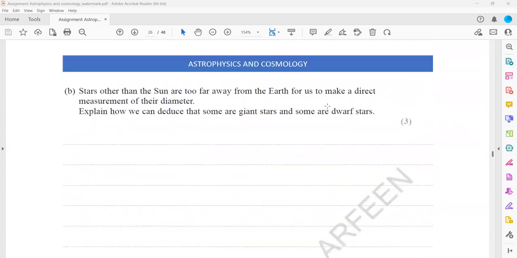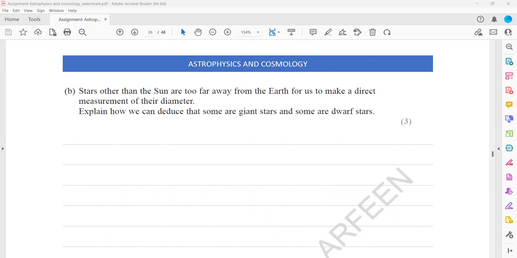Stars other than the Sun are too far away from us to make direct measurements. Explain how we can deduce that some are giant stars and some are dwarf stars. How can we identify the size of a star? What we actually do is determine the luminosity and the temperature.